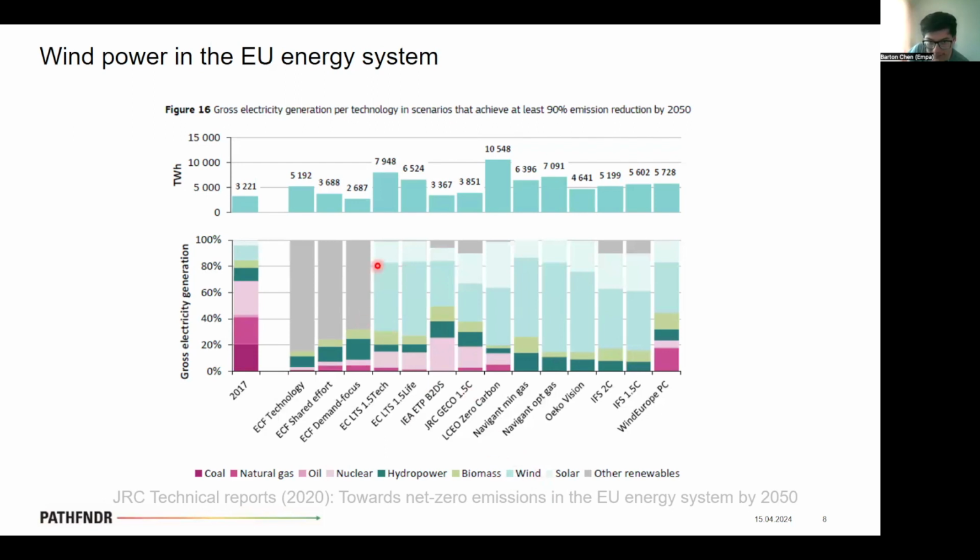You can see in many scenarios, wind power could account for more than 50% or even up to 70% of the whole electricity generation. So if you link that to the previous intermittency of wind power, you can imagine in the future, wind power could cause some problems in the energy system.